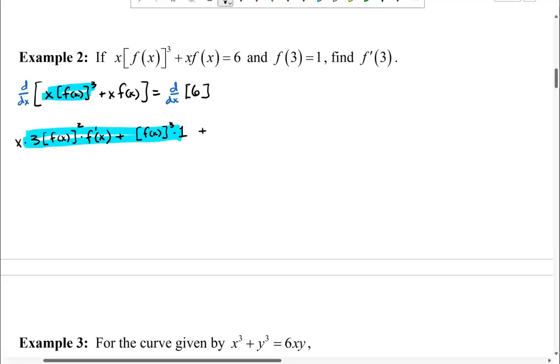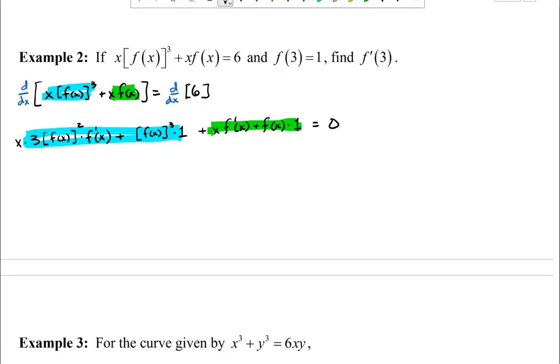Now we apply the product rule again. The first times the derivative of the second plus the second times the derivative of the first, and that's the product rule applied here in green, equals the derivative of a constant, which is 0. Now we'll go ahead and group the terms containing f prime of x.